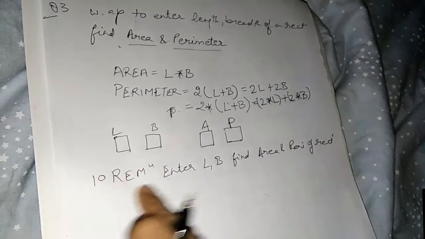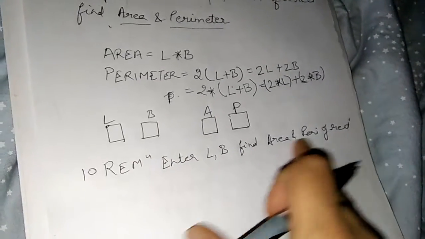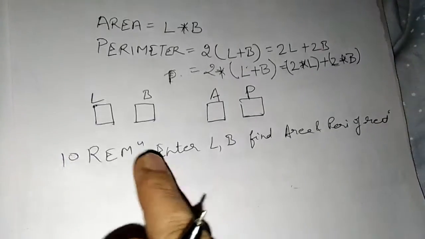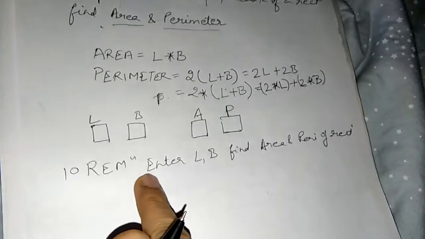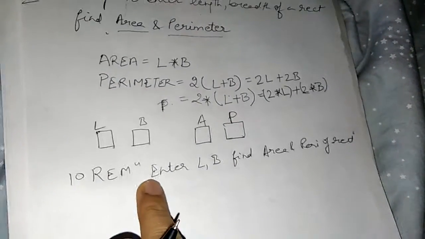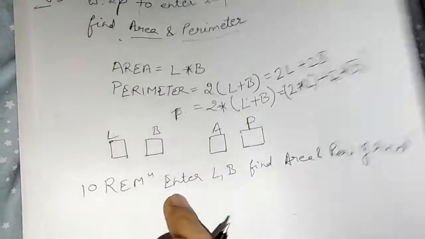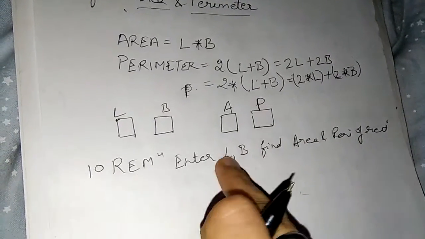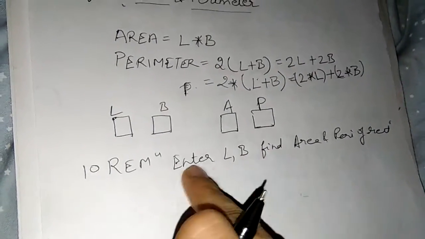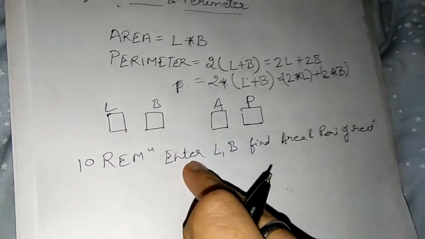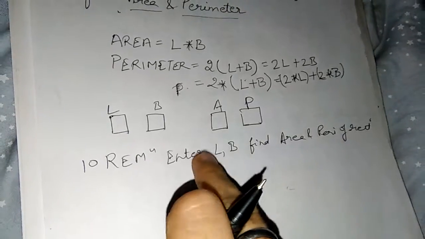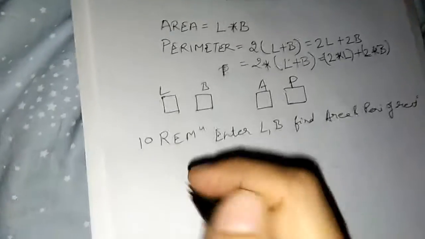The only purpose of rem is for the programmer who is writing the program, that when he comes back after a few days or few weeks or few months, he will immediately read the rem statement and understand what this program is doing. I can just read it and understand that this is a program for finding the area and perimeter of a rectangle, and I have to enter length and breadth.